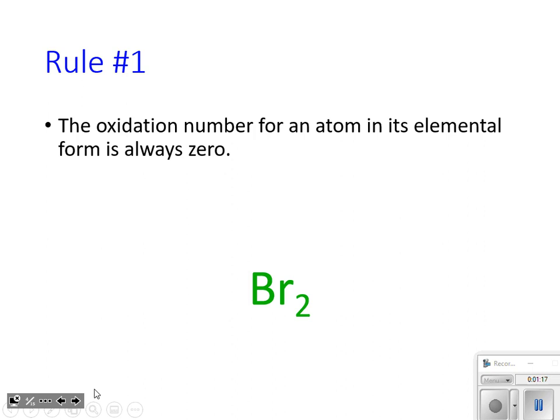So if I have a single element like I have right here, Br, even though there are 2 bromines, it does not matter. That oxidation number is still 0. Even though there are 2 of them, the oxidation number is 0. Could there be 5 of them? Yes. Oxidation number would still be 0.